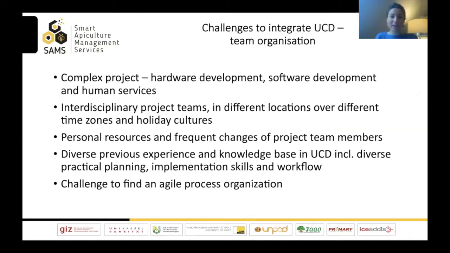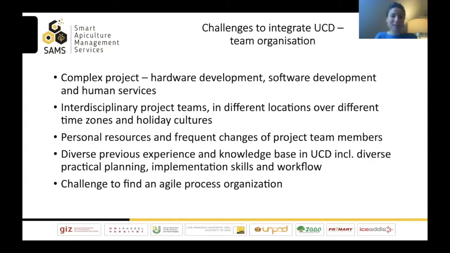Then, of course, it was challenging to work in an interdisciplinary and international project team, although it was really great to work in such a team. But yeah, we are sitting in different locations, we are having different time zones and holiday cultures and internal organizational structures, which influenced our work.